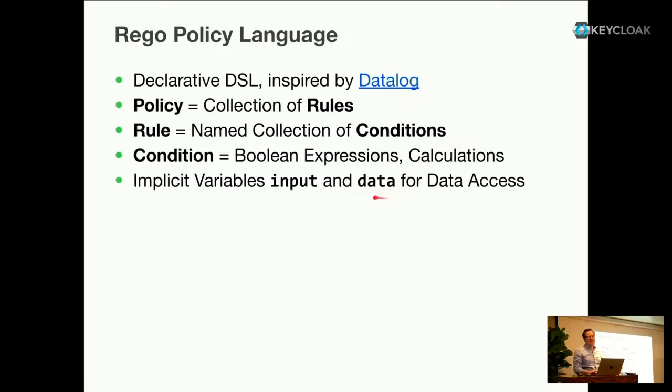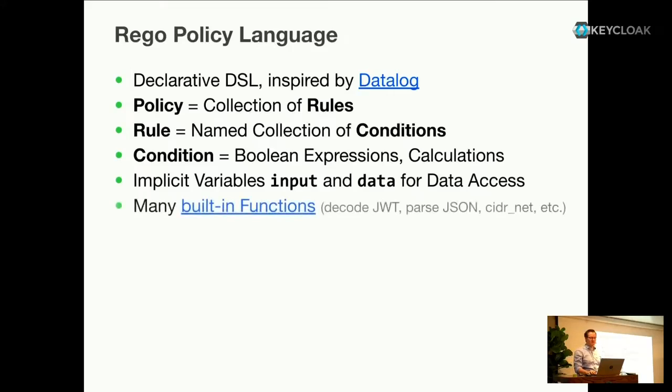And there is this data reference to access data that is either provided to OPA or fetched from somewhere else, or some other modules. OPA has built-in many functions that you can use to solve all sorts of different problems. For instance, you can decode or validate a JSON Web Token. You can parse JSON. You can even do things like checking whether an IP address is within a certain CIDR network range, and so on.